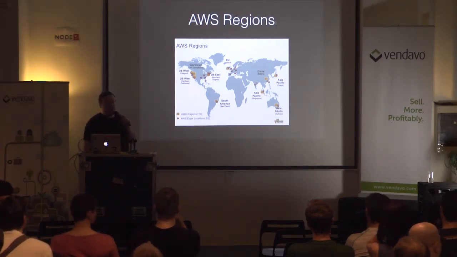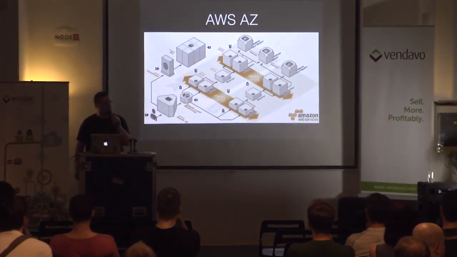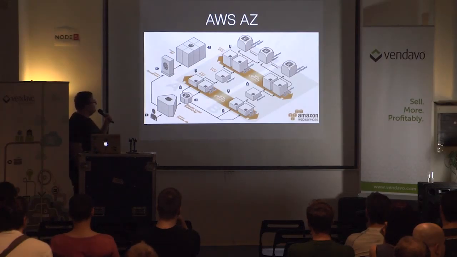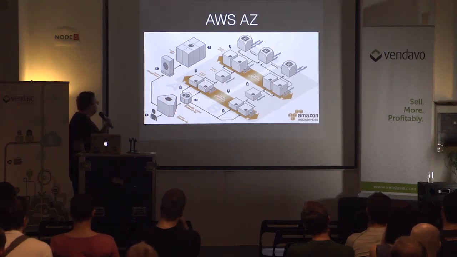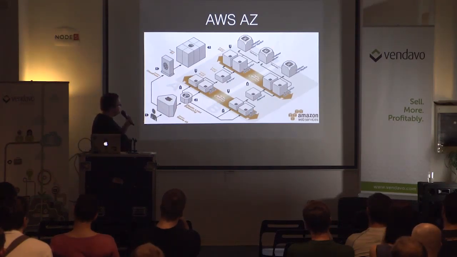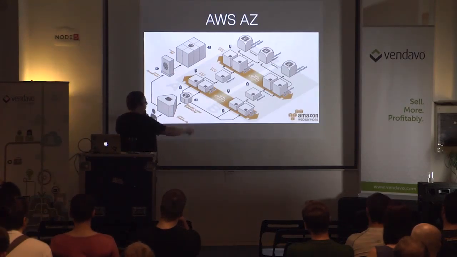Every region uses Amazon availability zones. That concept lets you split your application into parts and use the auto scaling feature. If you have an Amazon EC2 instance, you can split it across more zones, and if some zone fails, the load balancer automatically switches you to another zone.